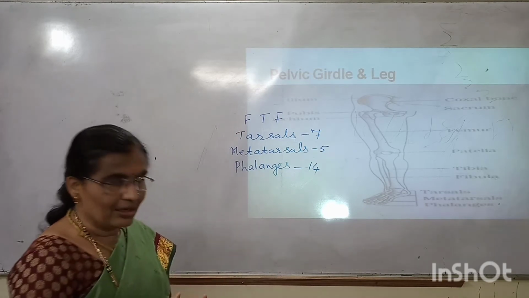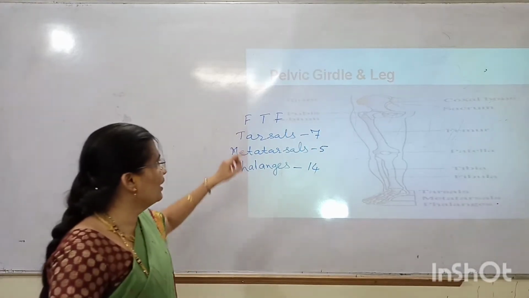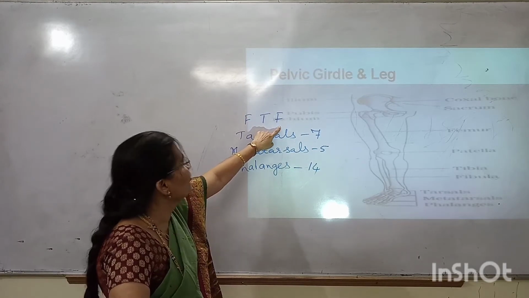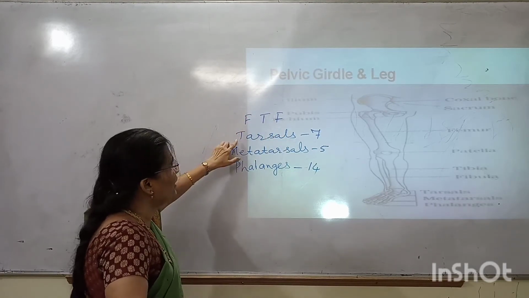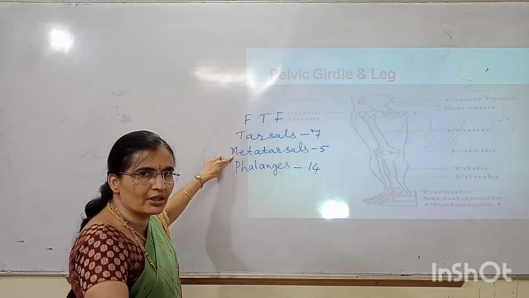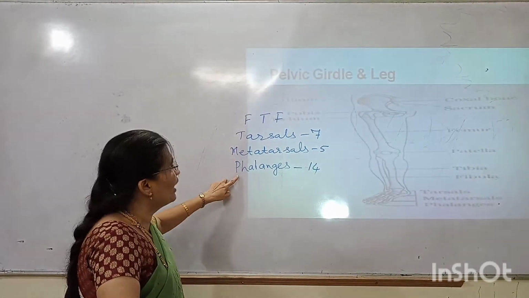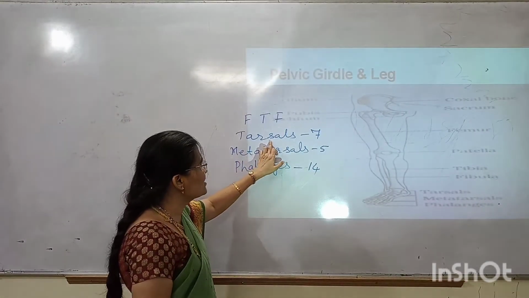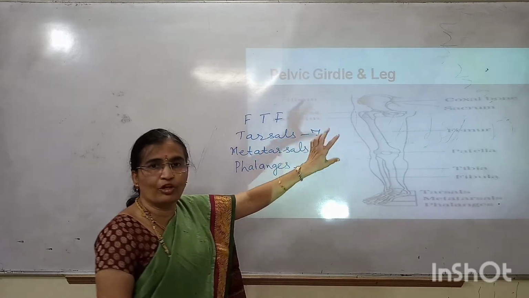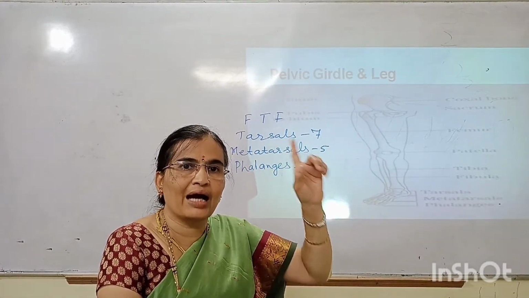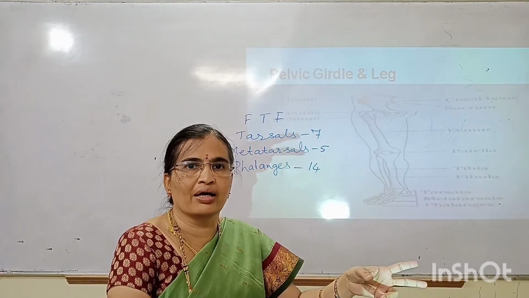So in leg, femur, tibia and fibula are the three bones, in the ankle region tarsals, and in the foot metatarsals and phalanges, that is digits. Tarsals are 7 in number. If you recollect, in hands carpals were 8 in number.